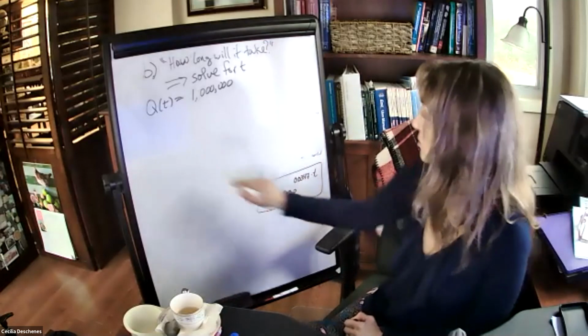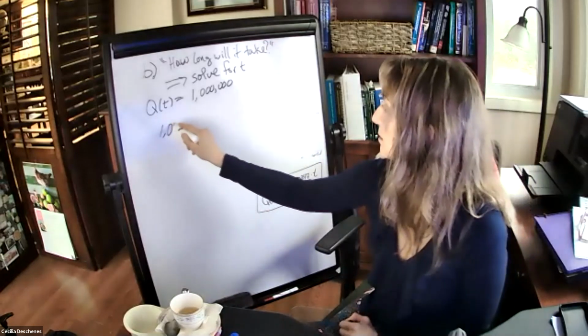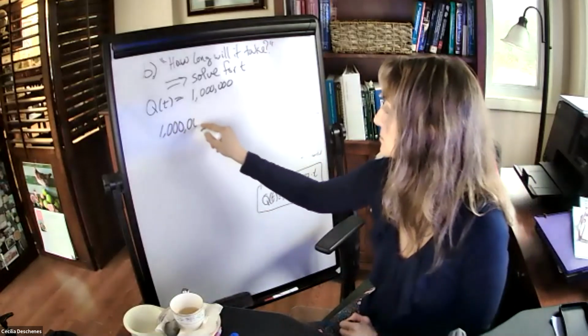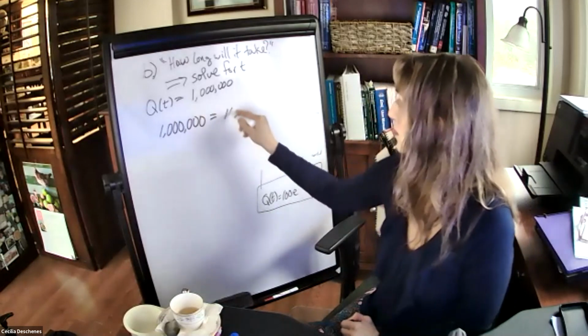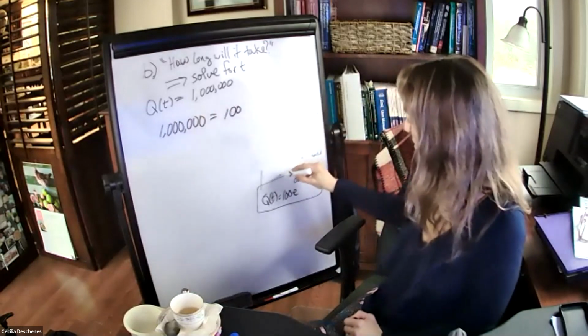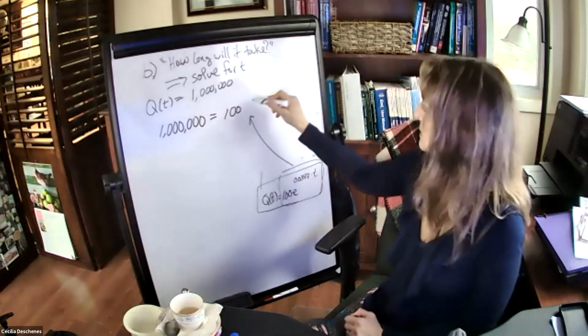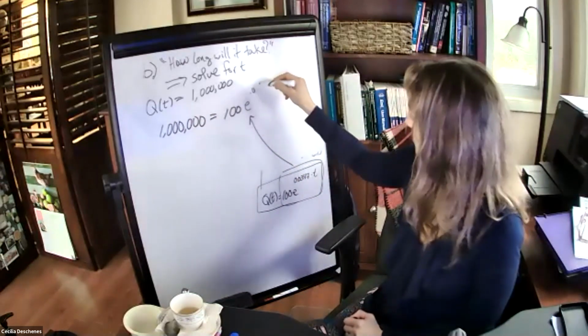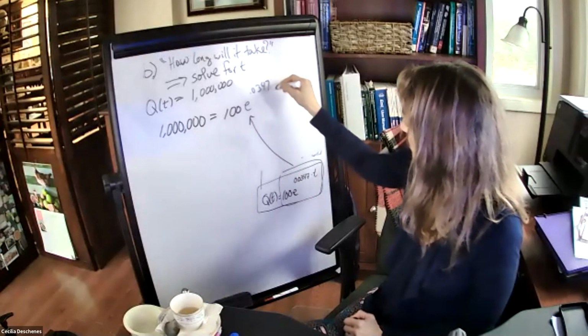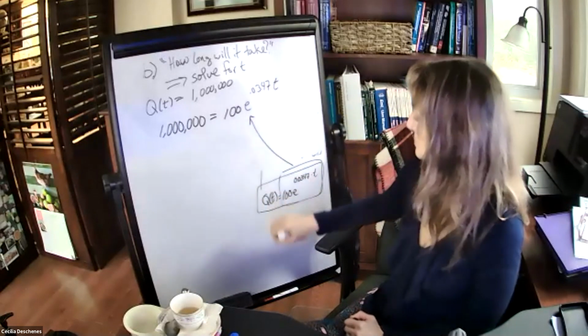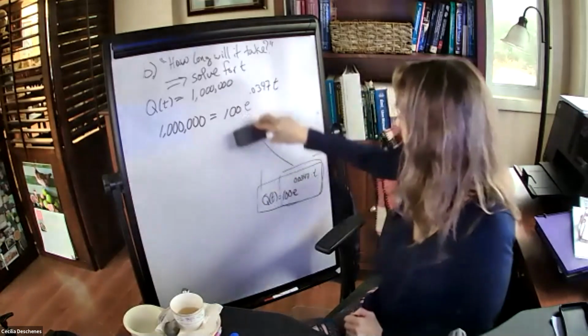So starting out, we're going to have 1,000,000 equals 100. Now I'm just copying the right-hand side of this. E to the 0.0347 t. Okay. All right.